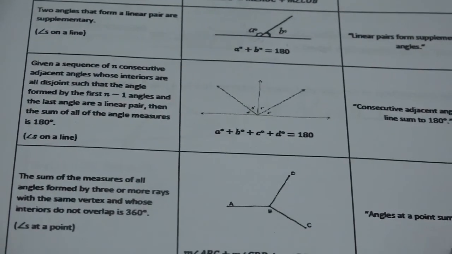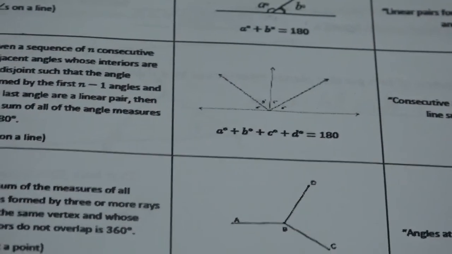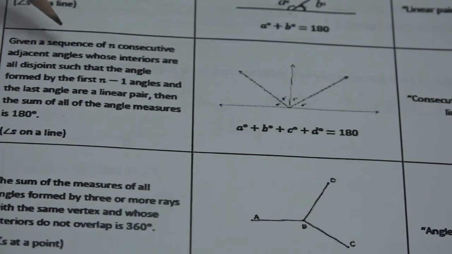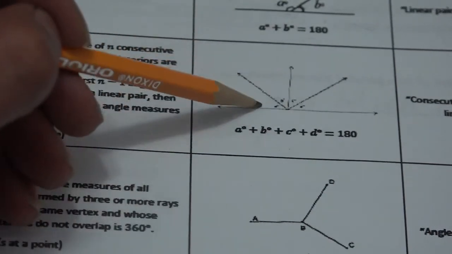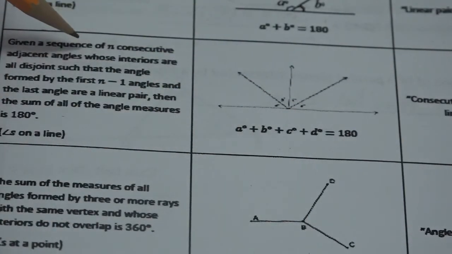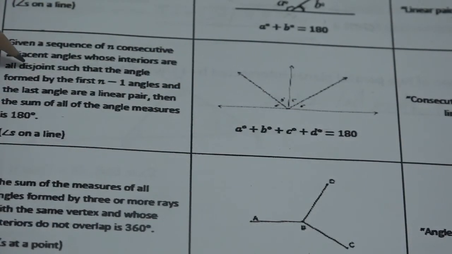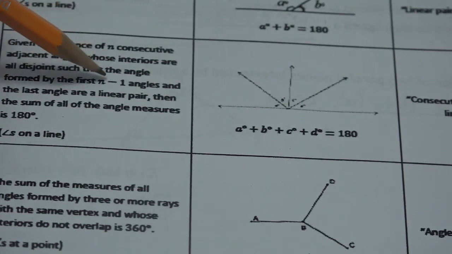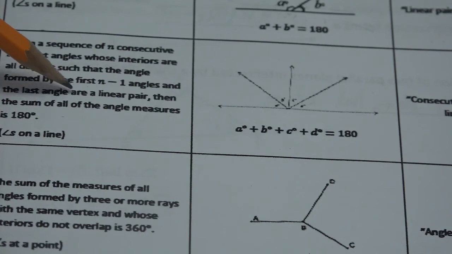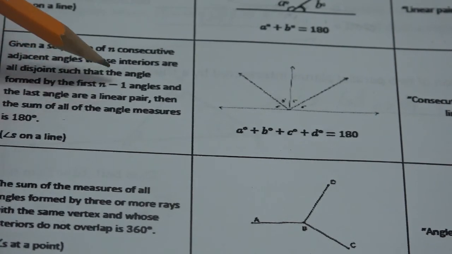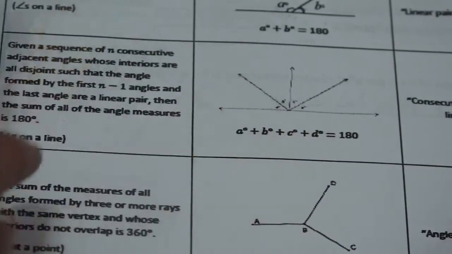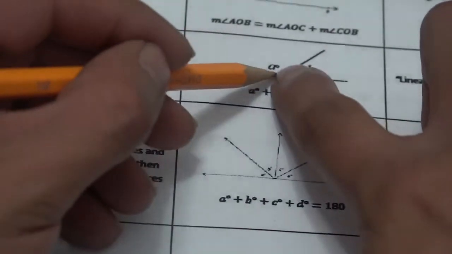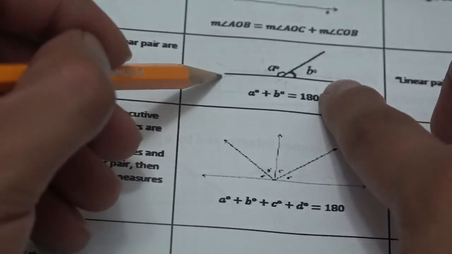Now, another one. Given a sequence of n consecutive adjacent angles, whose interiors are all disjoint, such that the angle formed by the first n minus 1 angles and the last angle are a linear pair. We already discussed that a linear pair is angles on a straight line.